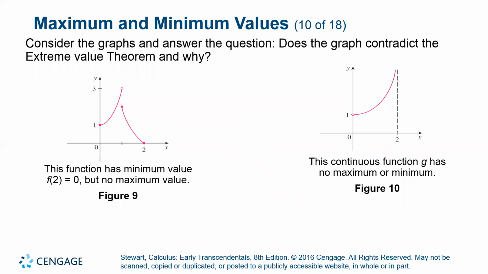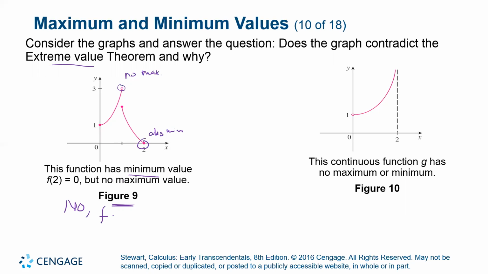As you can see, this graph, figure 9, has a minimum value, an absolute minimum, but it has no maximum because this value does not exist. So no max. Now, does it contradict the theorem? The answer is no. Why?